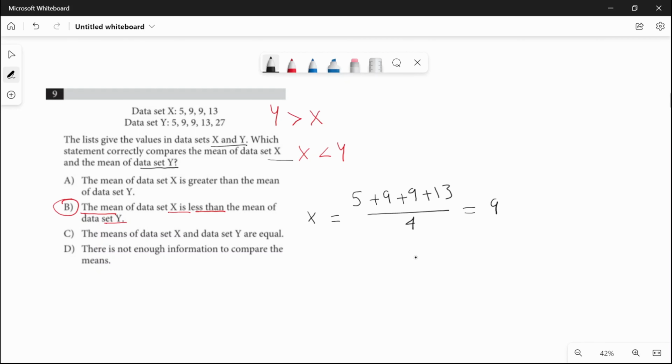Now let's check dataset Y. The mean of dataset Y will be 5 plus 9 plus 9 plus 13 plus 27 over the number of values, which is 5. And that will equal 12.6. So as you can see, X is less than Y.